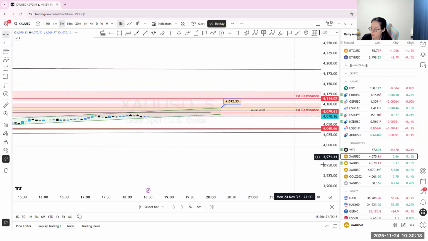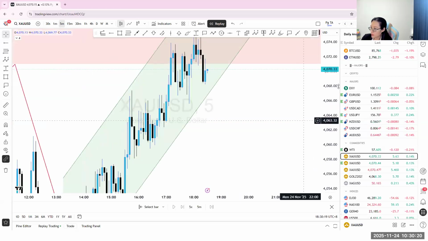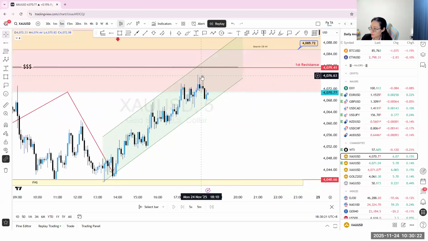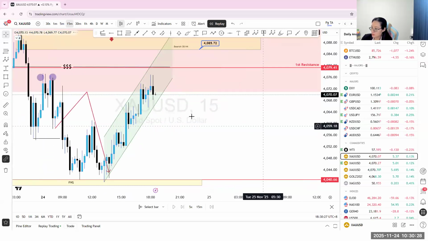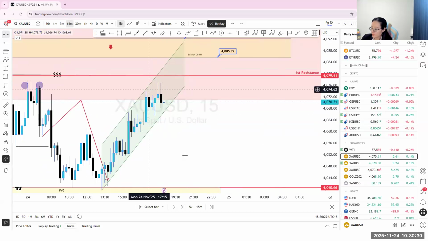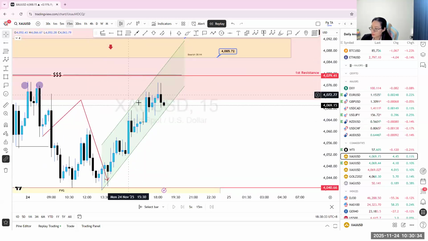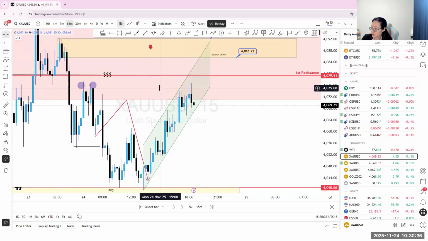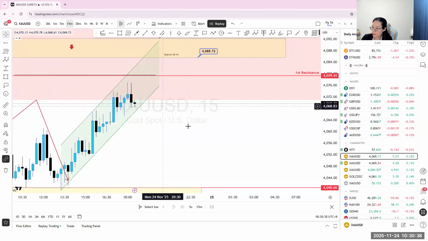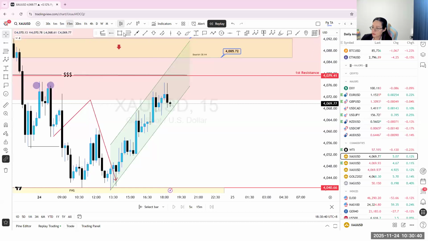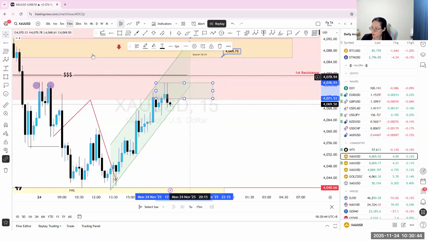Okay, let's go right now. Just now they went off to that zone, right? Sell to this sell. I think we may consider selling again to this OB.